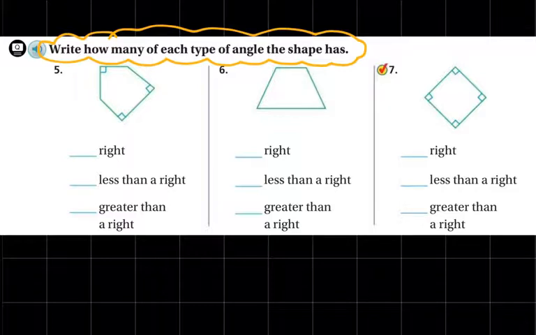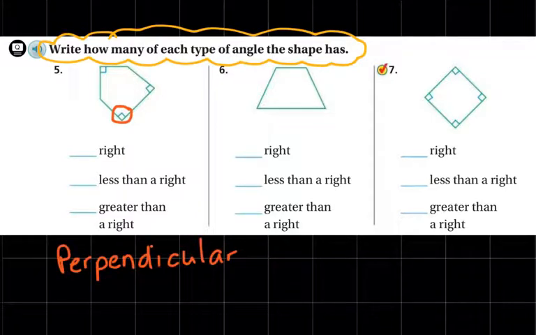Not always, but oftentimes you are going to see a little square drawn where there is a right angle. That is anywhere there is a perpendicular line. I want to talk about that word really quick. I don't think that we've discussed it yet. It's almost a synonym for a right angle because it's where two lines meet at a 90-degree angle.